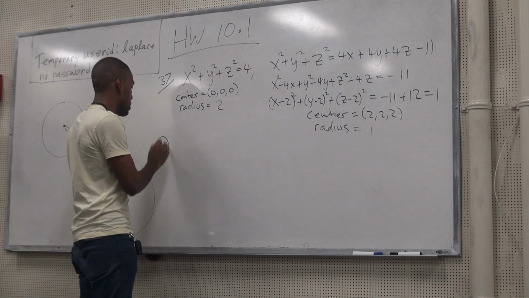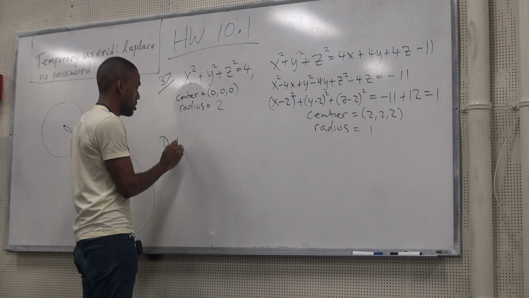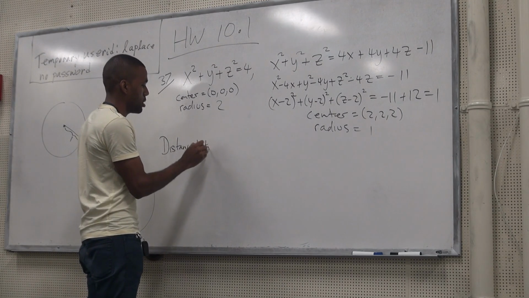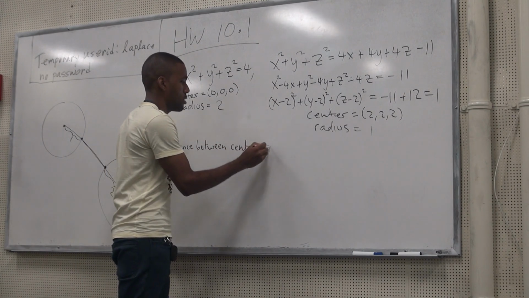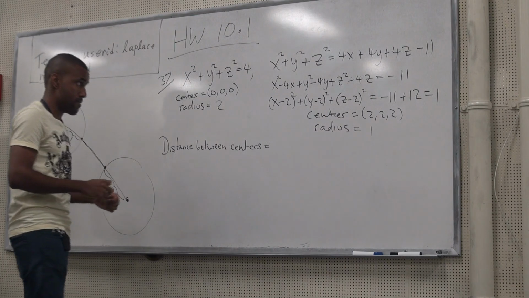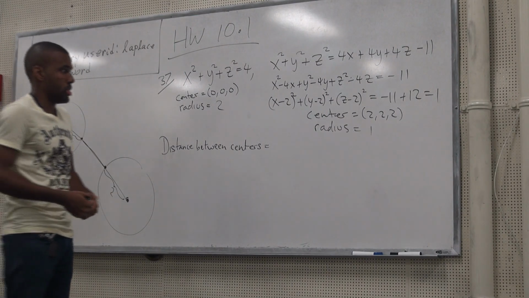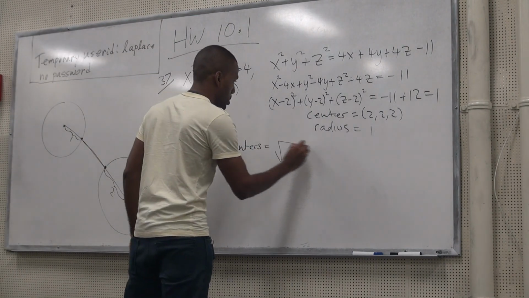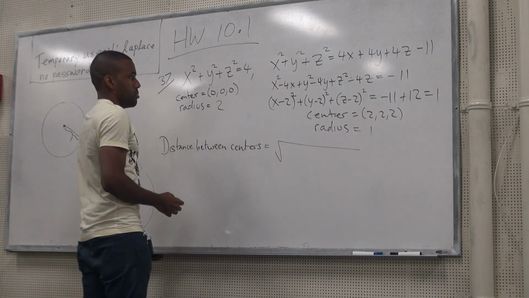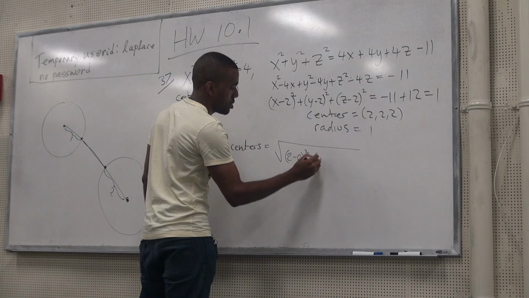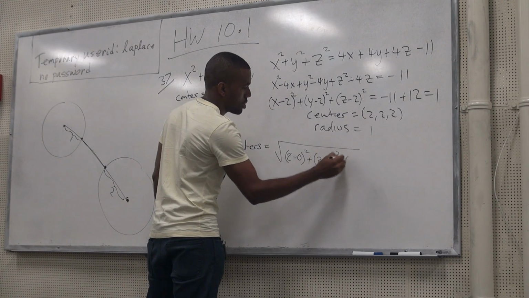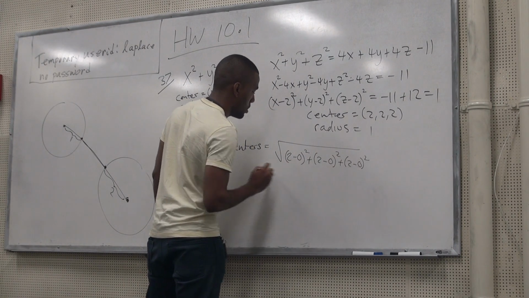So how do we find the distance between centers? How would you find that? Yeah, the distance formula. Just do the distance formula. So what's that going to be? 2 minus 0 squared plus 2 minus 0 squared plus 2 minus 0 squared.